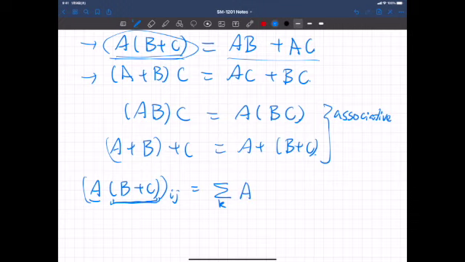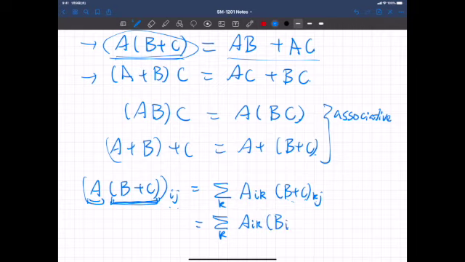So the ij element of this matrix product between A and B plus C is the sum of a_ik and (B plus C)_kj, right? But addition of matrices is just element-wise addition, so we can just distribute the indices: b_kj plus c_kj.